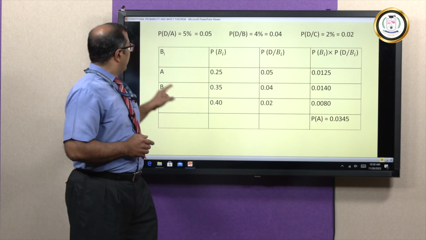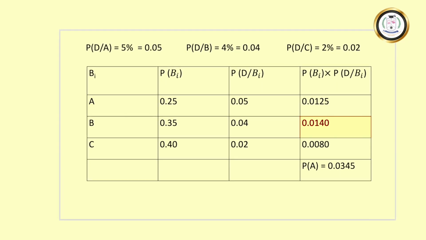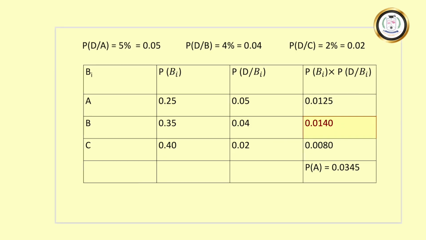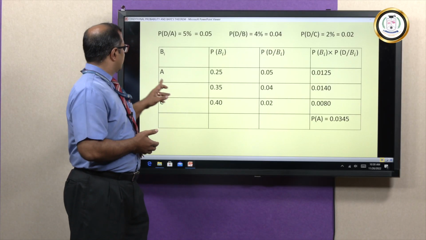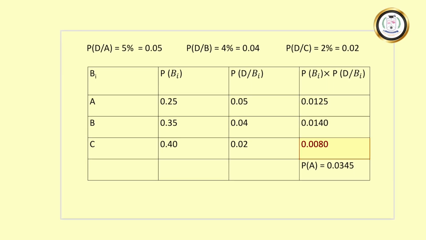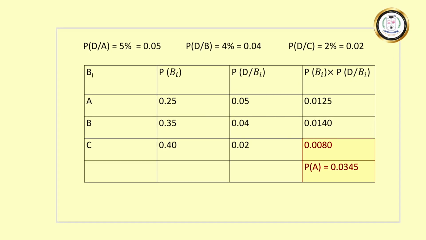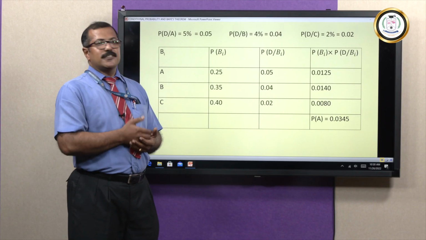It is the probability of cause for A, and 0.0140 divided by P of A is the probability that, given it is defective, it is produced by machine B. And this 0.0080 divided by 0.0345 is the probability that it is produced by C given that it is defective.